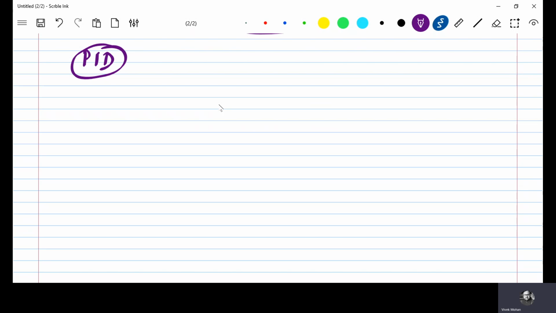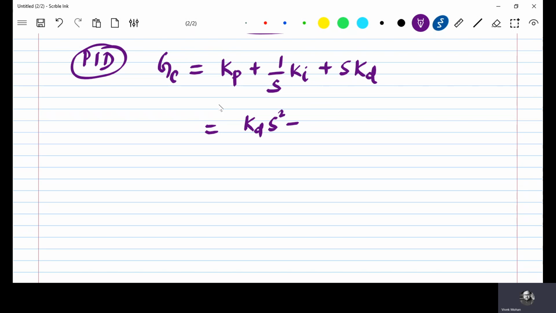Suppose you are using a PID controller, then your GC will become Kp plus 1 by S into Ki for integral plus derivative, right? Which is equal to Kd S squared plus Kp S plus Ki, whole divided by S. What is the closed loop transfer function here?